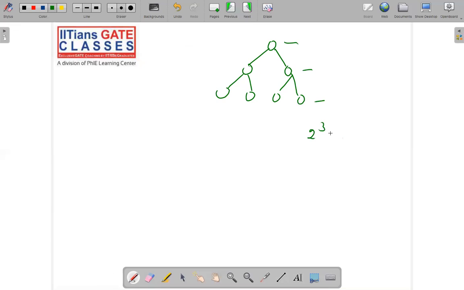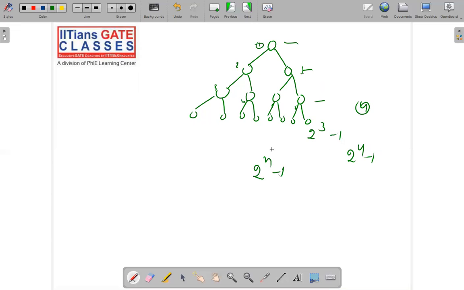How many nodes are there? 2 raised to power 3 minus 1, which is 7: 1, 2, 3, 4, 5, 6, and 7. Let's consider one more level. If you have 4 levels, we'll have 2 raised to power 4 minus 1 nodes. If you have n levels, we will have 2 raised to power n minus 1 nodes in the tree.